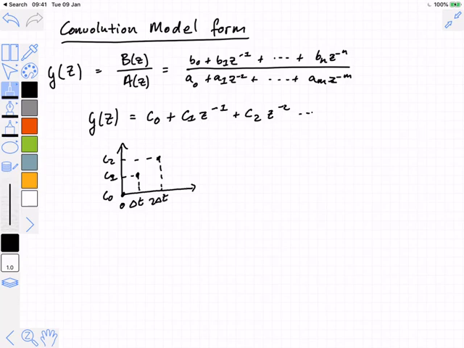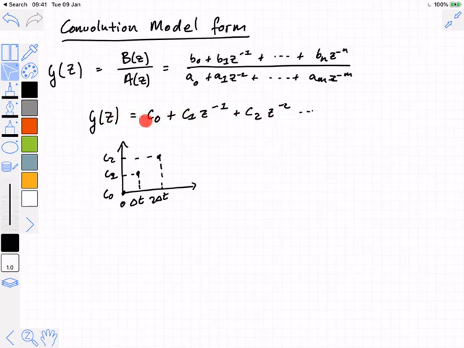And in the Laplace transform, we've come across this idea that there's this duality between the transfer function and the impulse response. And we can interpret this model form as being the impulse response of this transfer function. In other words, if I took this transfer function and subjected it to a unit impulse, then this Z transform would represent the response of that system.